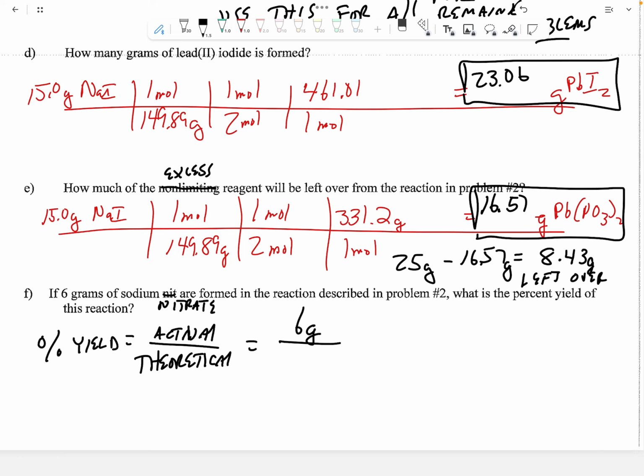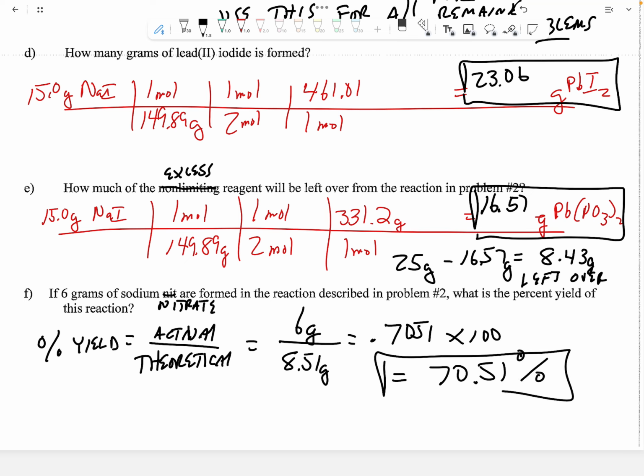So we put the 8.51 grams down here. Do that multiplication, you get 0.7051. You multiply that by 100. That's going to give you 70.51%. That's your percent yield.